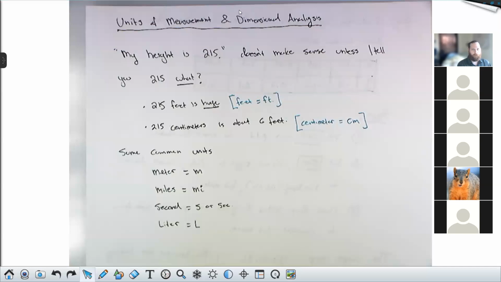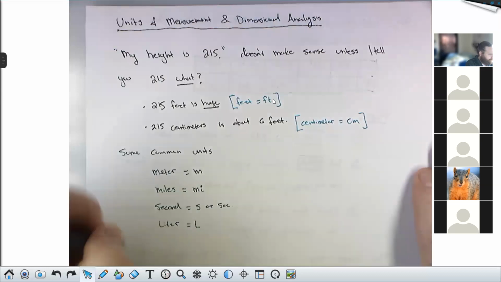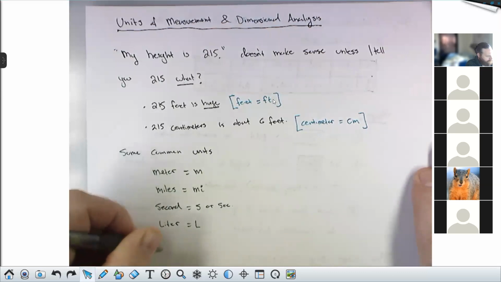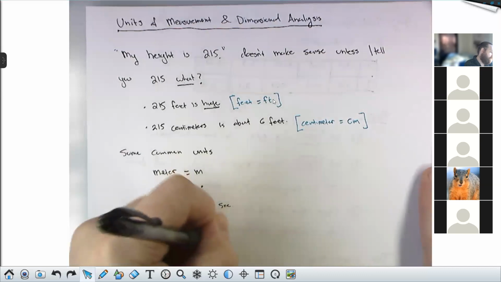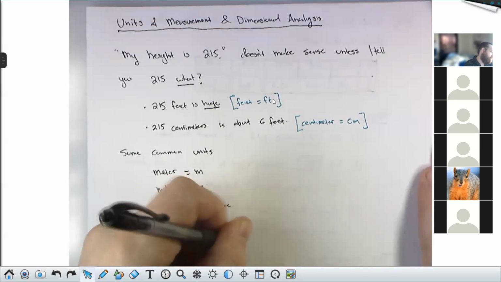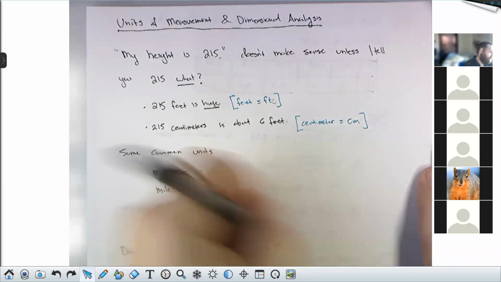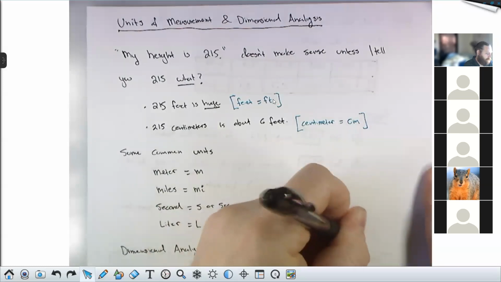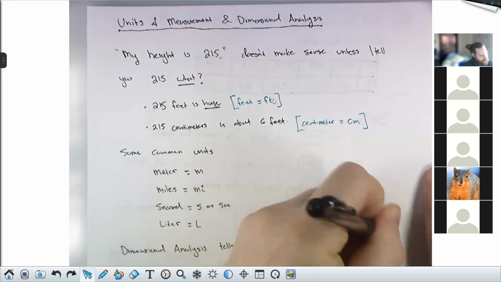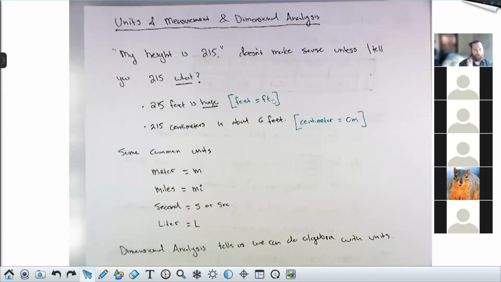So the cool thing here, and what dimensional analysis is all about, is this fact that you can do algebra with units. Basically, you can treat units like variables.